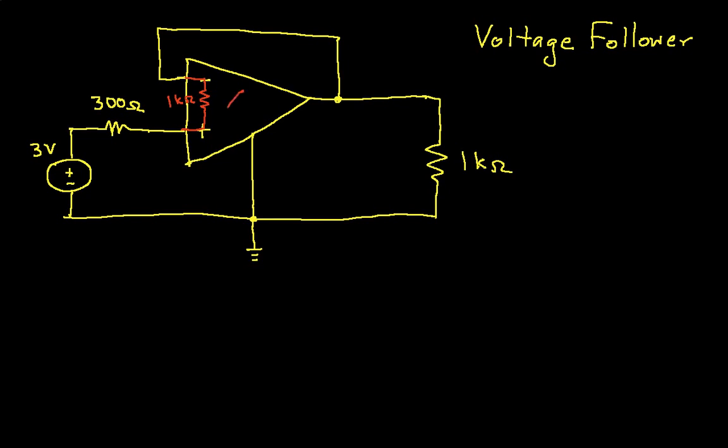Then inside the realistic or non-ideal model we also have a voltage source connected to an output resistance, and let's set the output resistance to 50 ohms. And let's set the gain on the voltage source to be 10. So in this case, the output is 10 times the voltage at the non-inverting node minus the voltage at the inverting node. Both of these voltages, by the way, are referenced with respect to this ground node.